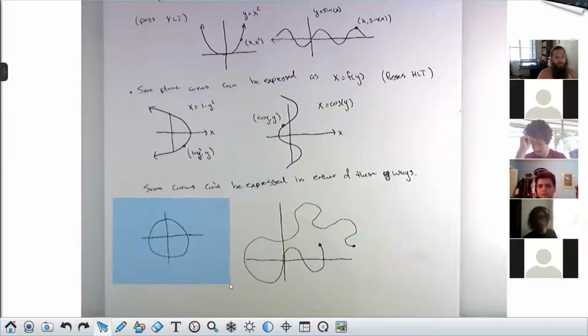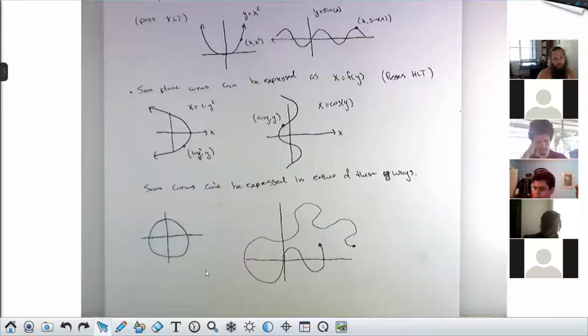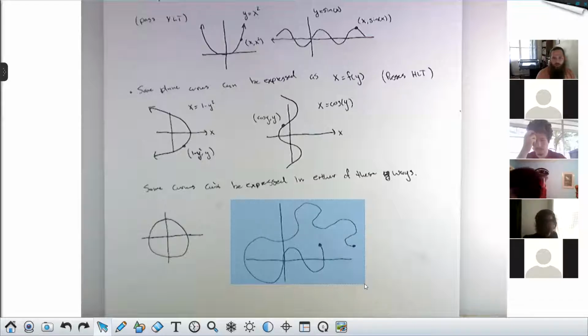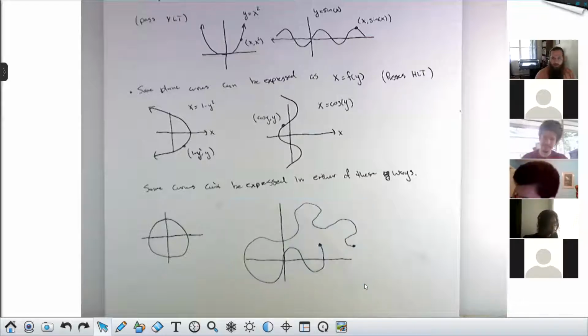We know that there are implicit expressions for the unit circle, like x squared plus y squared equals 1. That's an equation, and the points that satisfy that equation are going to give you the unit circle. Conic sections are nice like that, and there are plenty of other curves like that. But what about wonky curves like this, where it appears that there's no direct connection between the x's and the y's? Is there any way to express these things in terms of an equation or a collection of equations?